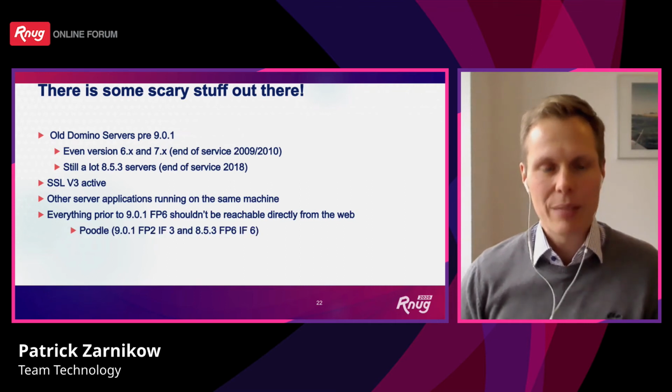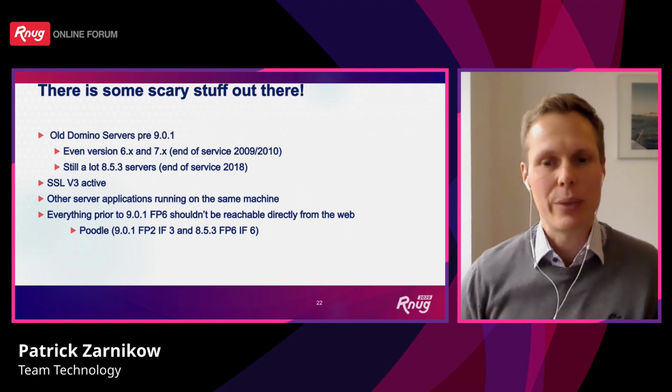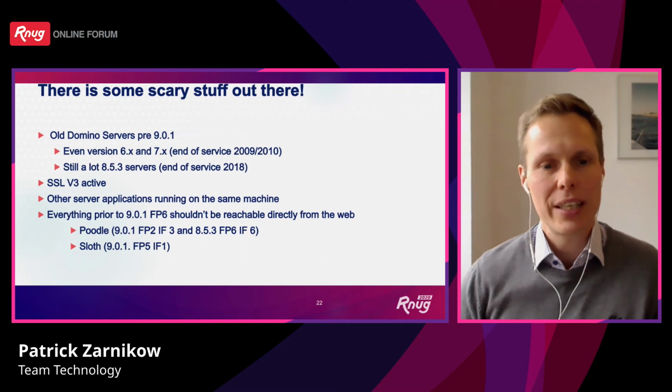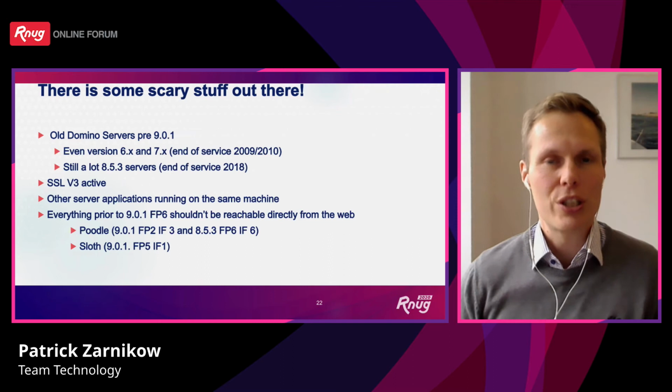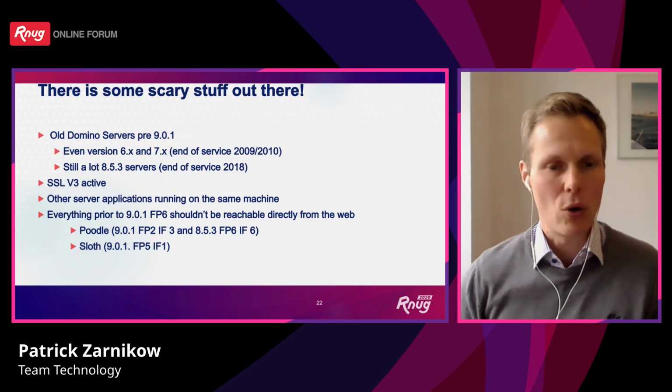Why is that? Because earlier versions, before 9.0.1 FixPack 6, are still attackable by attacks like Poodle or Sloth. I think they made the media during the last years pretty big. So think about it, if you have such old Domino servers, at least FixPack 6 should be in there, if not a newer version 10 or 11.